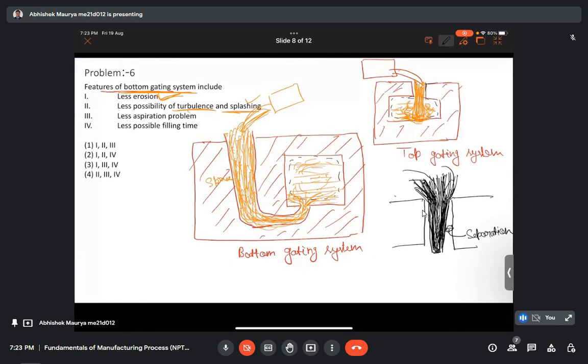Since velocity increased, the stream becomes narrower and it gets separated from the mold wall. Also, in this region, a low pressure area has been formed.